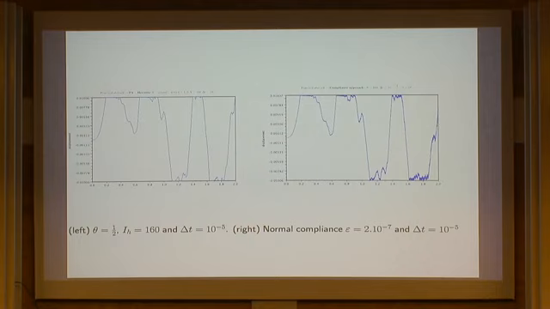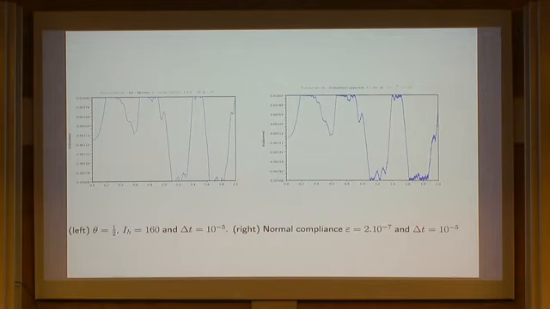On the left picture, we have plotted the trajectory obtained with our numerical algorithm, with a time step equal to 10 to the minus 5 and 160 space nodes. And on the right picture, we have the result obtained with a normal compliance approximation with the same time step, but with penalty parameter epsilon given by 2 times 10 to the minus 7.